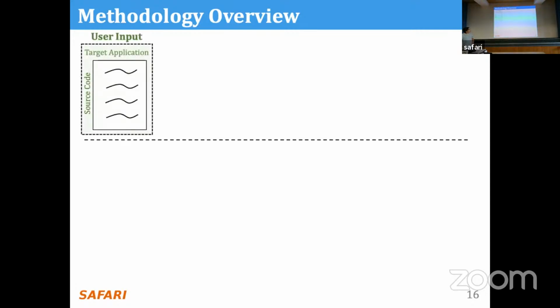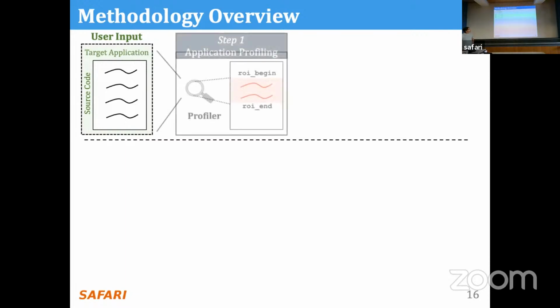The MoVE methodology has different steps. We start from some target application. We start from the source code of the application that we want to analyze. And the very first step is to do application profiling. In this application profiling, what we will normally do is define a region of interest.